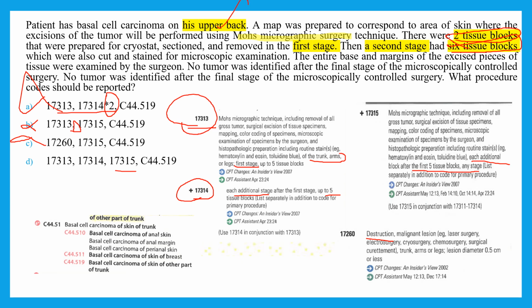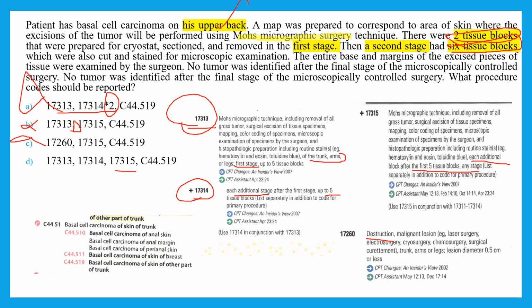In the first stage, we remove 2 tissue blocks that come under 5, 17313. So the first stage is finished. In the second stage, we have 6 tissue blocks, but in our code 17314, only 5 tissue blocks are allowed. So for the remaining one, we need to give an add-on code, which is used for the additional tissue blocks alone.